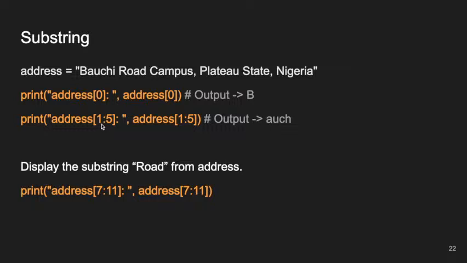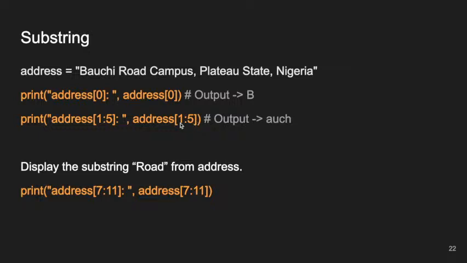When you supply the first position, then the colon, and then where it stops, the final index, you get something like this. Looking at this example, we are printing address 1:5.